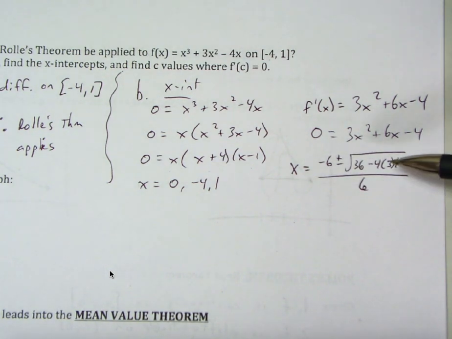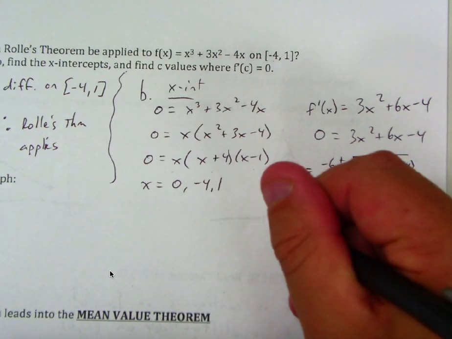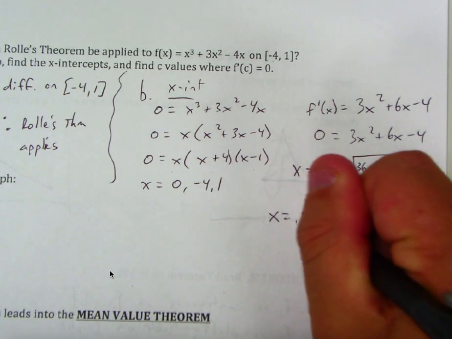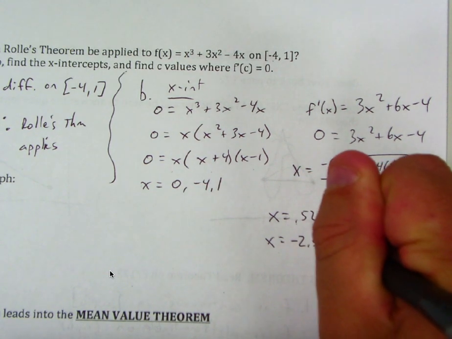If you were just going to go ahead and say this is non-calculator, then just simplify this and leave your answer in radical form. But I'm going to take my calculator out. You don't have to. I'm just going to give you these values. But if you simplify this all the way down, you get x equals 0.528 and x equals negative 2.528.